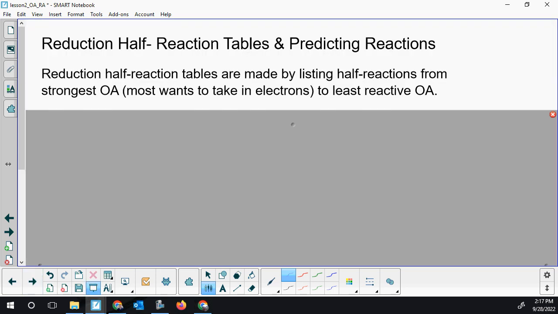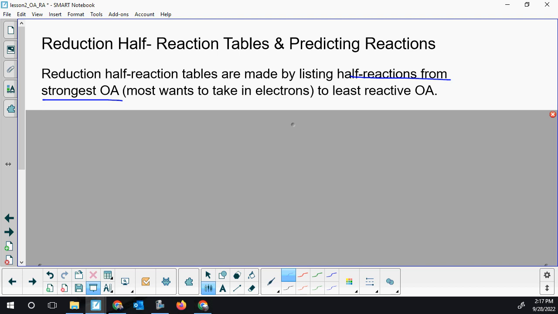Our reduction tables are made by listing the strongest OA at the top, when most wants to take in electrons, all the way down to the least reactive oxidizing agent.